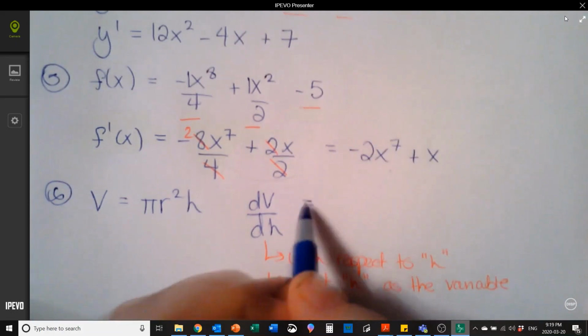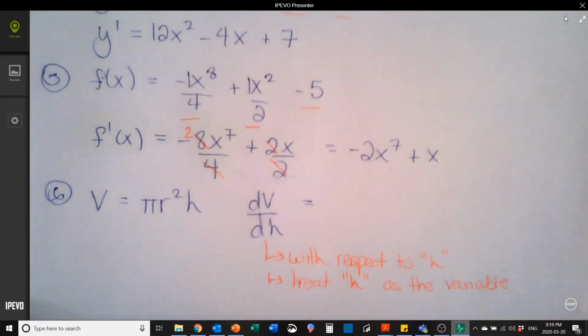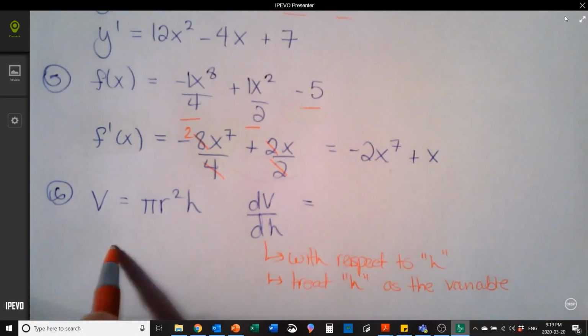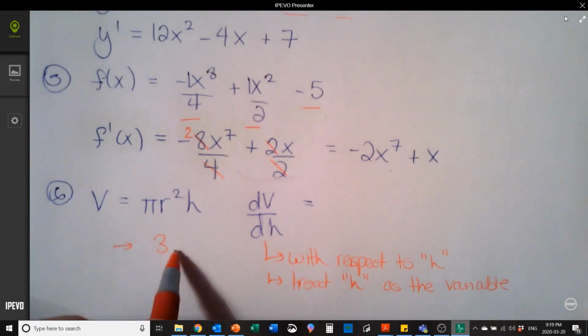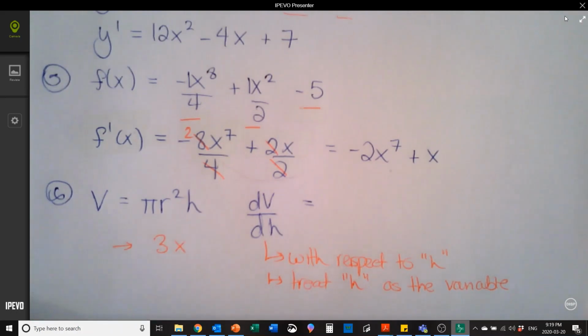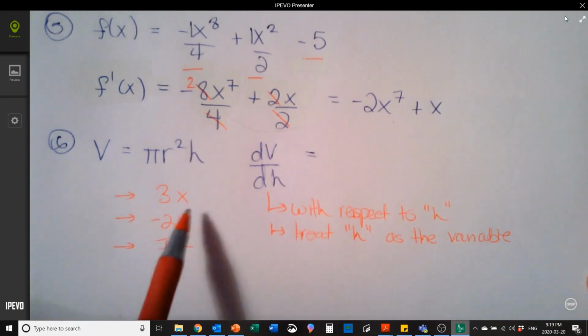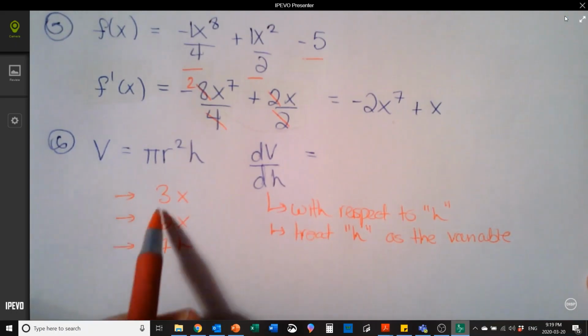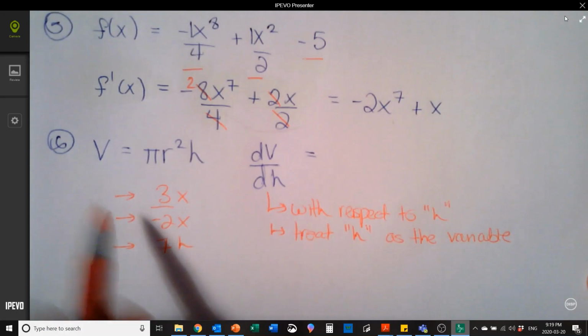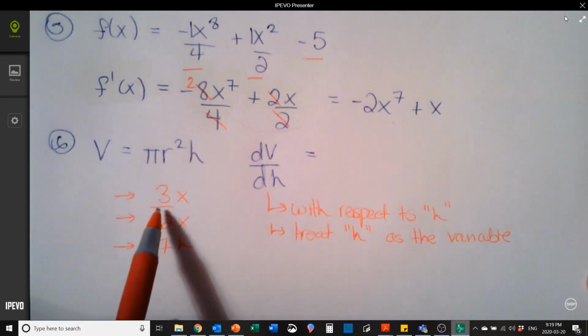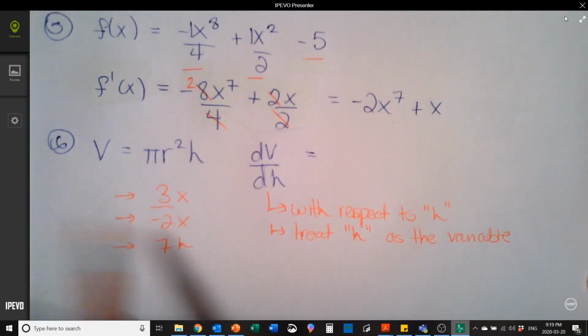And for this next part to make sense, I want you to try to remember what our answer would be if you had things like 3x and you were asked to find the derivative, or negative 2x, or 7h, for example. If I was trying to find the derivative of 3x with respect to x, my answer was 3, the coefficient, the part that's not the variable sitting out front of the variable.